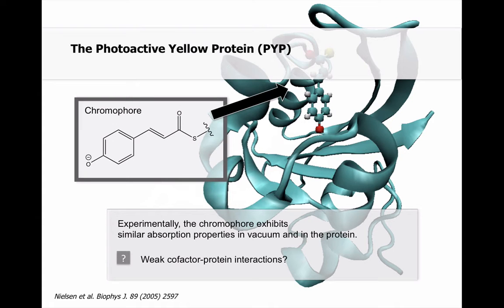So we wanted to investigate whether it was really true that we had such a weak cofactor-protein interaction that led to almost similar absorption properties of the chromophore in isolation and inside the protein.